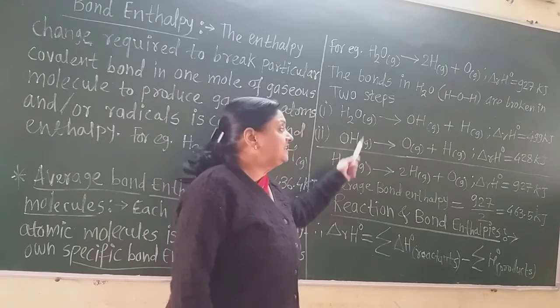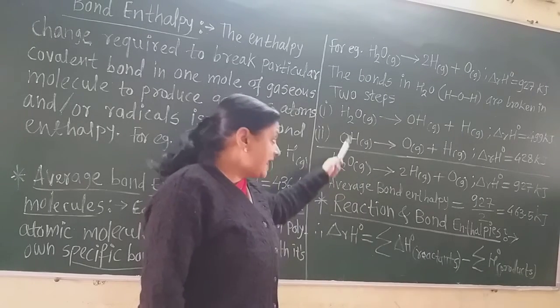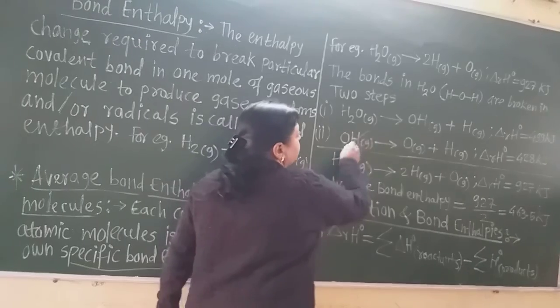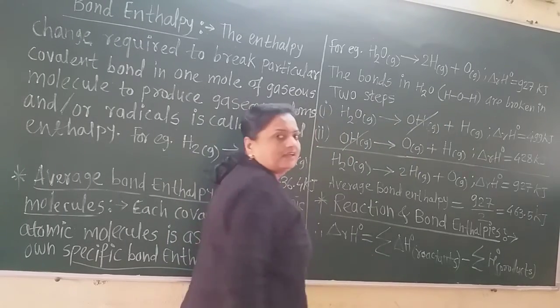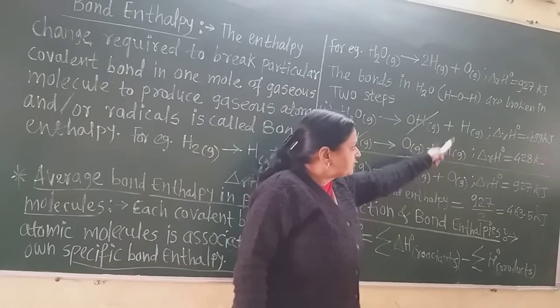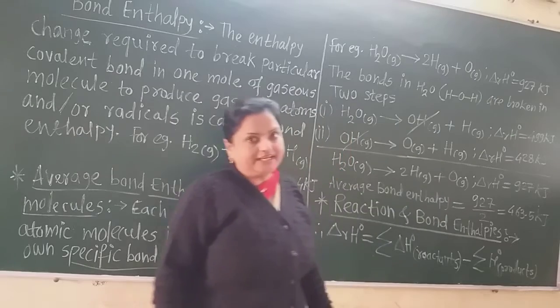If we add these two, the second O-H bond breaking as well, on addition we obtain the reaction H2O gas gives two H gas atoms and one oxygen atom, as the OH and OH get cancelled.